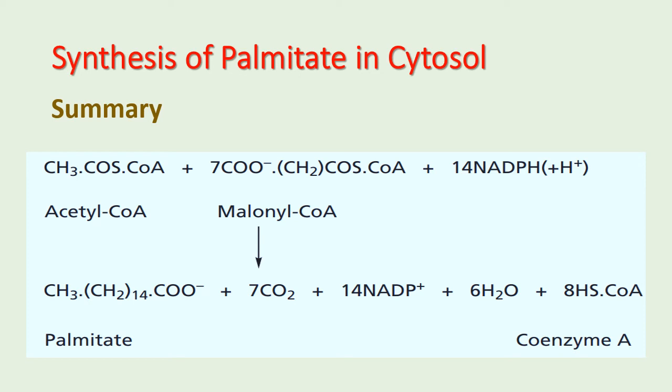That results in the production of 16-carbon palmitate and 7 carbon dioxide, 14 NADP, 6 water molecules and 8 coenzymes A. So this is the overall reaction and the summary of palmitate synthesis from the starting point of 2-carbon acetyl CoA.